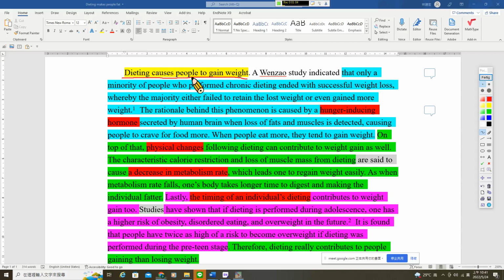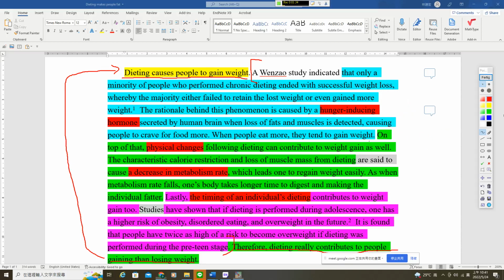Dieting causes people to gain weight. And of course, this is the conclusion. Therefore, dieting really contributes to people gaining rather than losing weight. So did you see, we must have identified the link between the topic sentence and the concluding sentence. So everything inside this body paragraph is supporting discussion for why dieting causes people to gain weight.